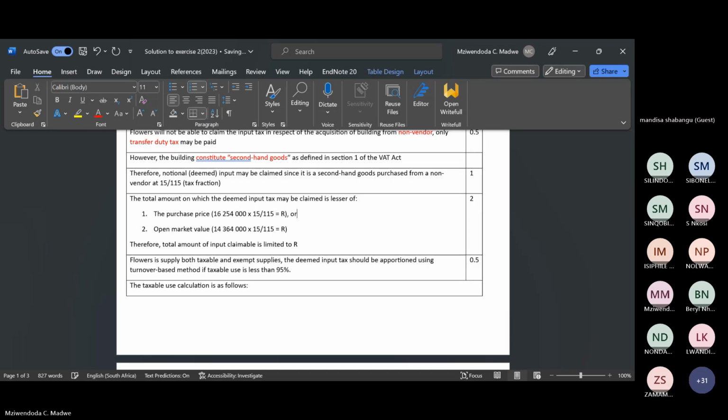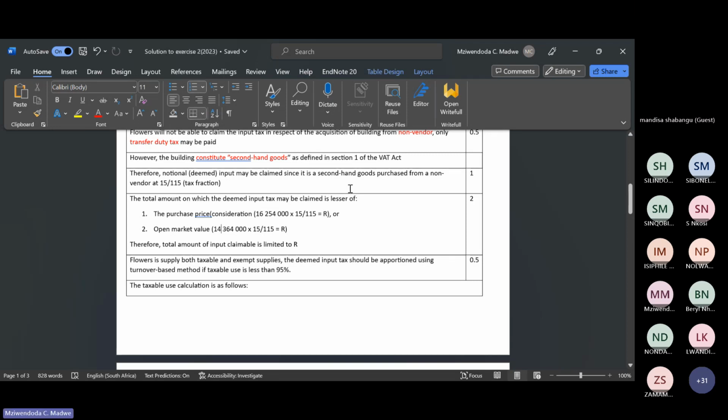So you either use the consideration, which is the purchase price, or the open market value, whichever is lesser between the two, and you multiply it by the tax fraction. In our case, the lesser amount is 14,364,000.